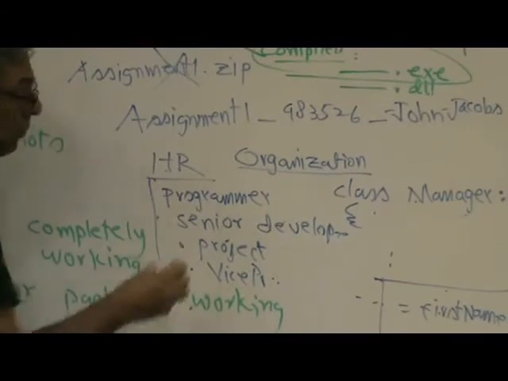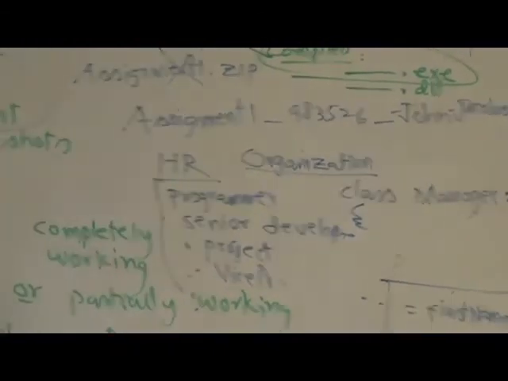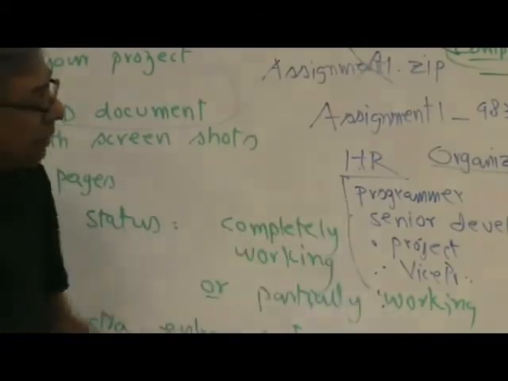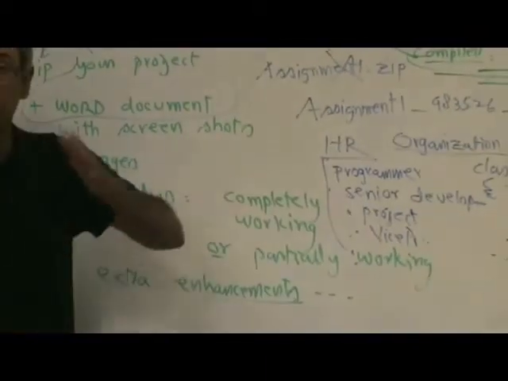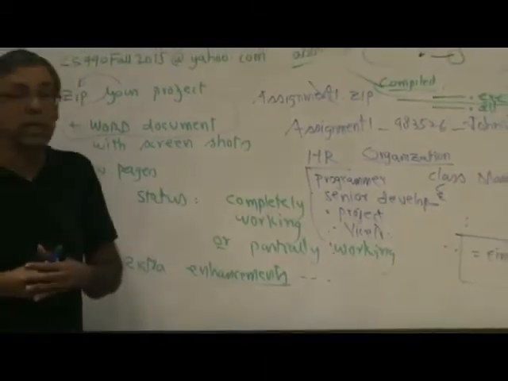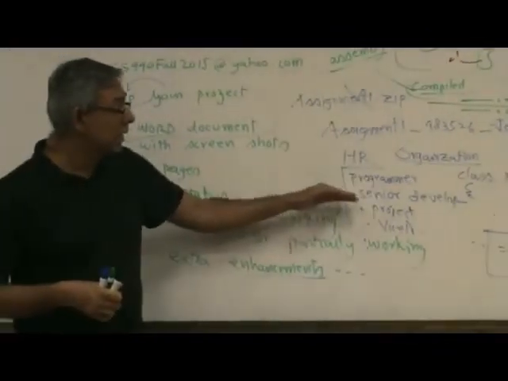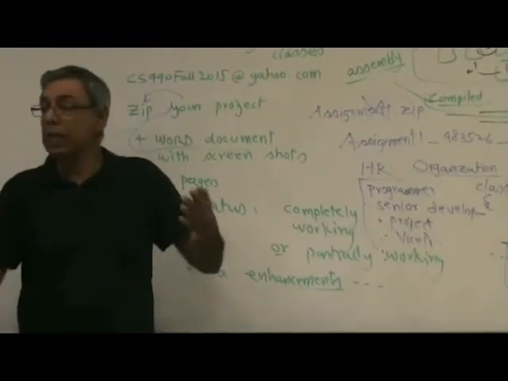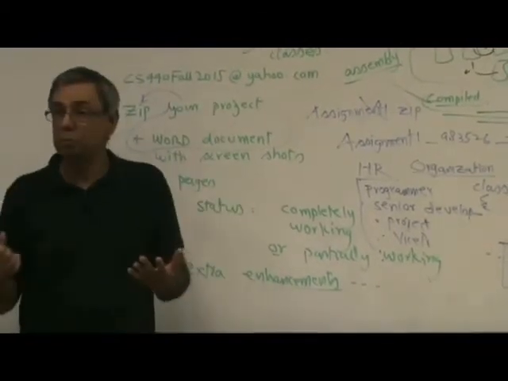Once you've identified the actual people that work in the organization and their categories or titles, then you'll start creating classes for each one of these. Pretty soon you'll discover you're repeating things and you'll move them to the base class.